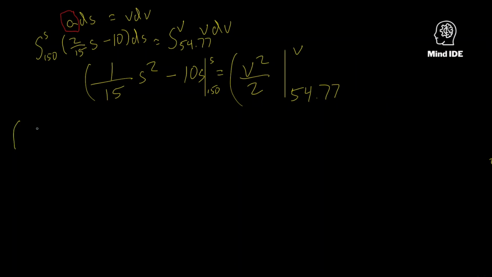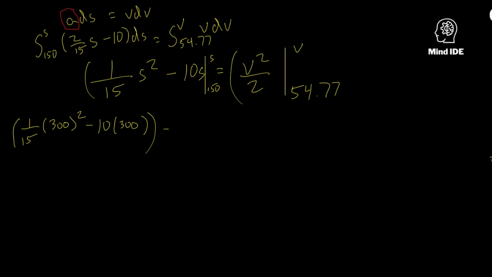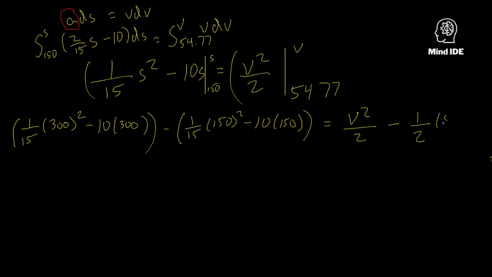So we would just plug all this in: 1 over 15 times 300 squared minus 10 times 300, minus 1 over 15 times 150 squared minus 10 times 150, which equals v squared over 2, minus 1 over 2 times 54.77 squared.